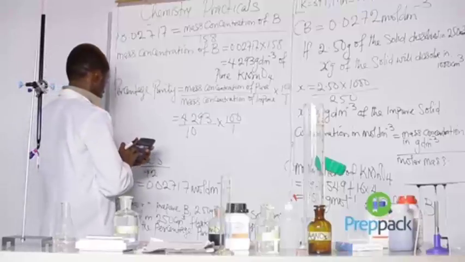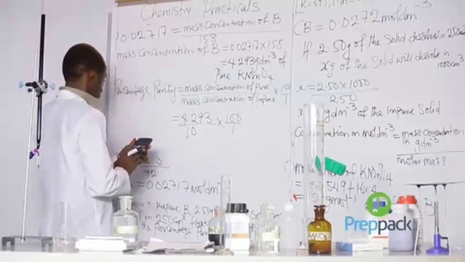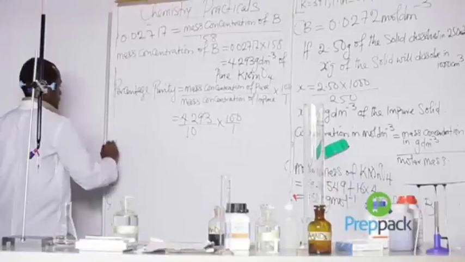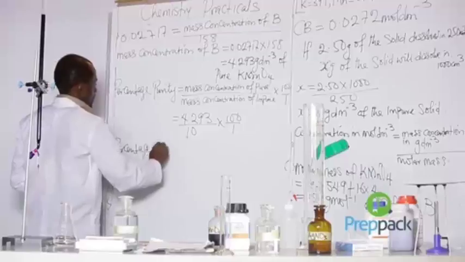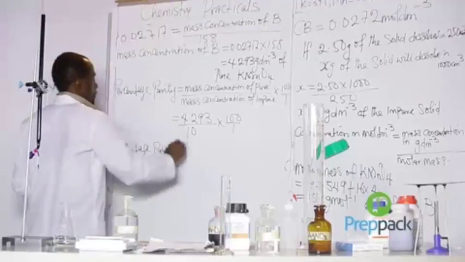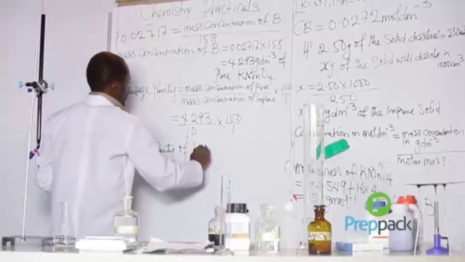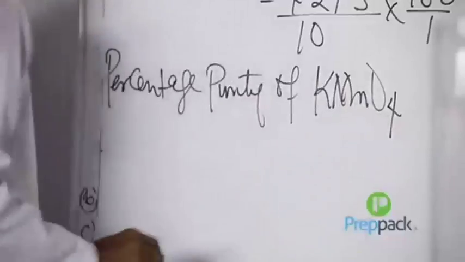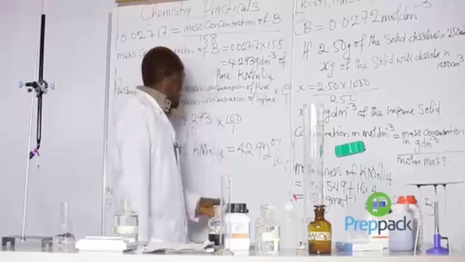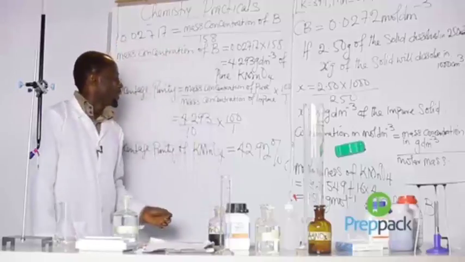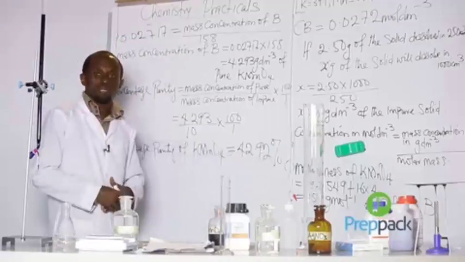So the percentage purity of KMnO4 is equal to 42.92%. This is the percentage purity of the KMnO4, which is 42.92%.